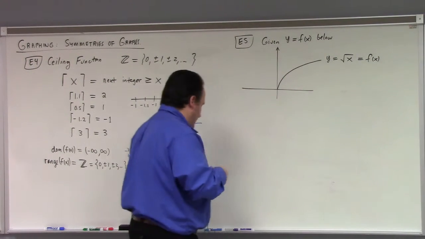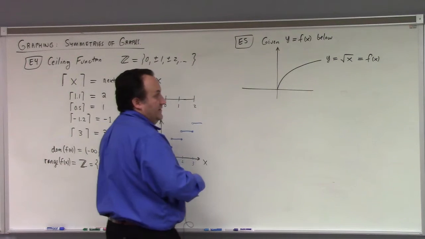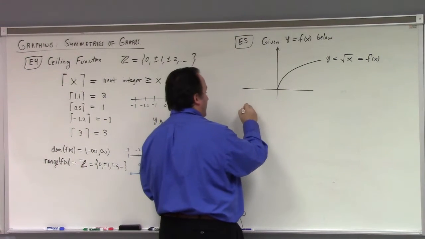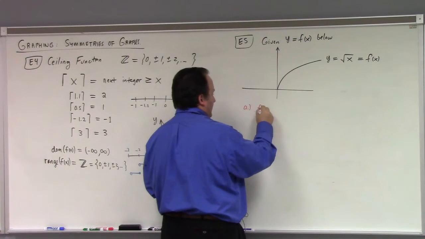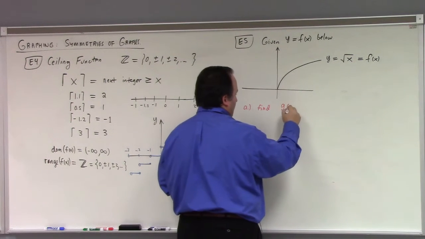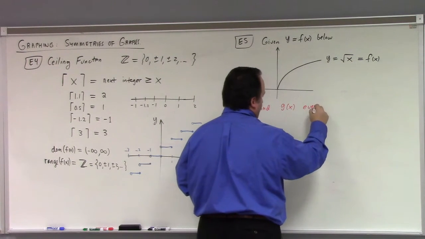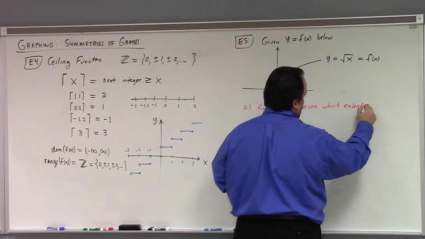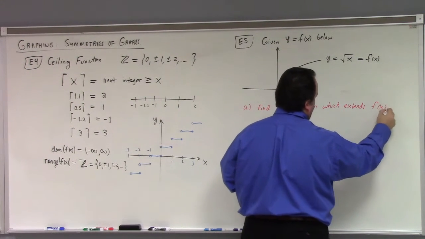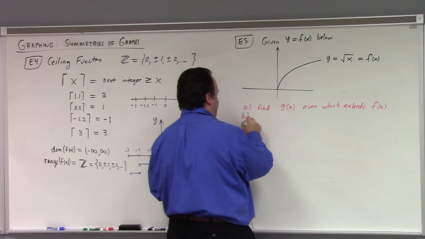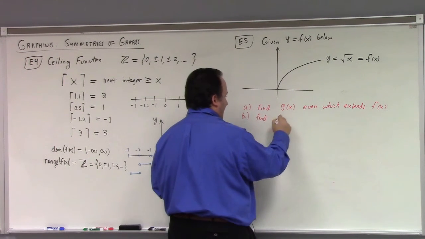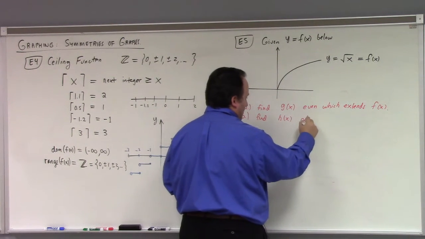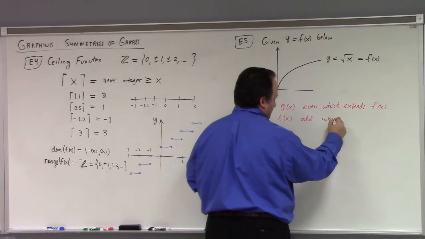So what I want to ask you guys is part A, find g of x even, which extends f. And then part B, find h of x odd, which extends f.